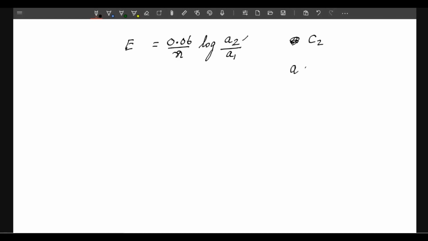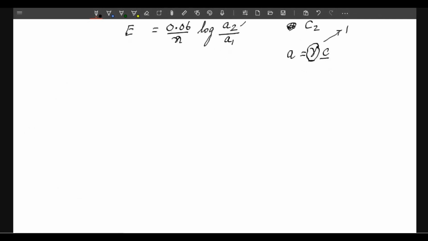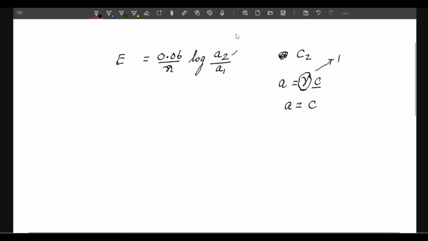The activity is equal to activity coefficient times concentration. When the solution is dilute, the activity coefficient reaches 1. The non-ideal solution becomes ideal, and under that condition the activity can be replaced by the concentration. Therefore, in dilute condition, it may be replaced by concentration.